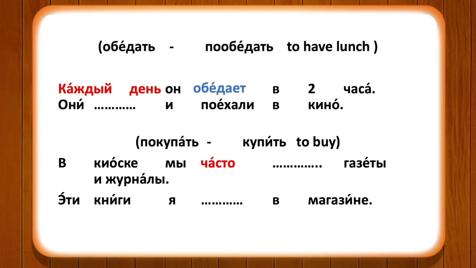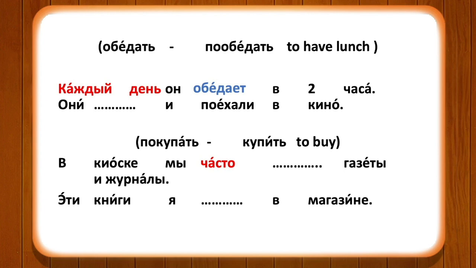In the next sentence, они dash и поехали в кино. Here the meaning is that they had lunch and they went to the cinema hall. So here the meaning is of consecutive action, which is denoted by the use of the perfective aspect verb, which will be пообедать.